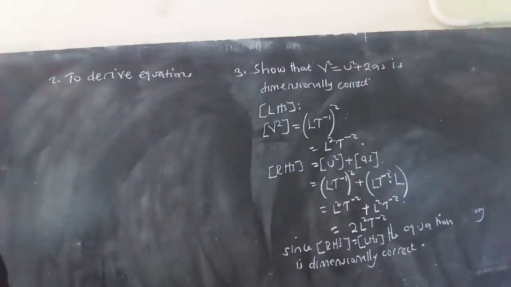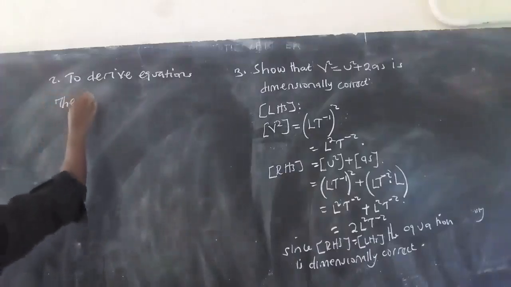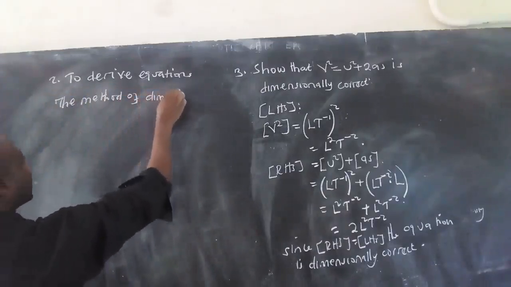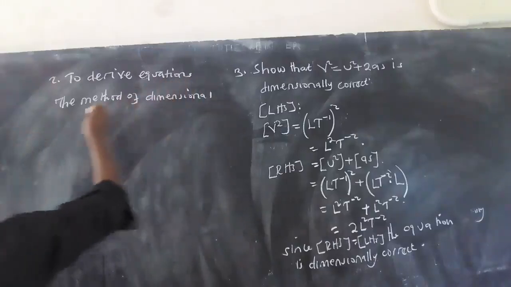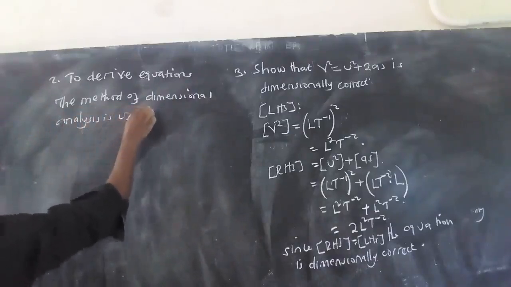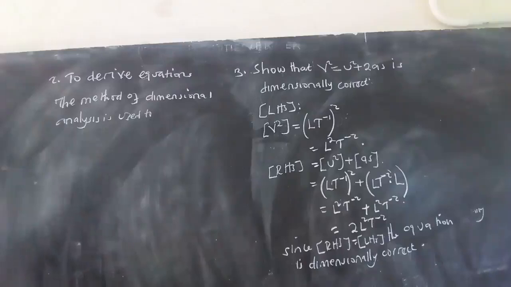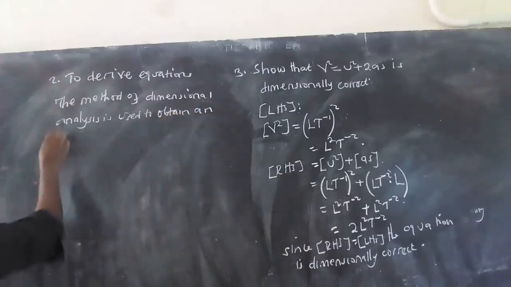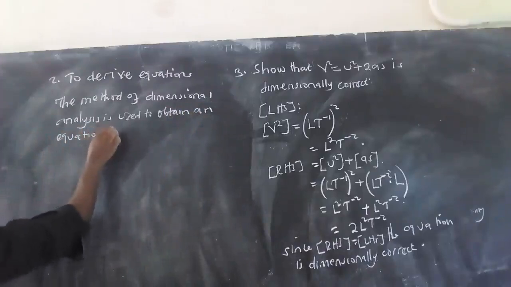So we shall now say the method of dimensional analysis is used to derive equations, or to obtain an equation relating variables.